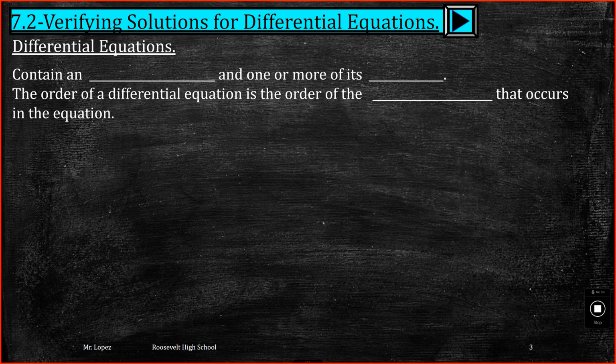Differential equations contain an unknown function and one or more of its derivatives. The order of the differential equation is the order of the highest derivative that occurs in the equation. So differential equations contain what?